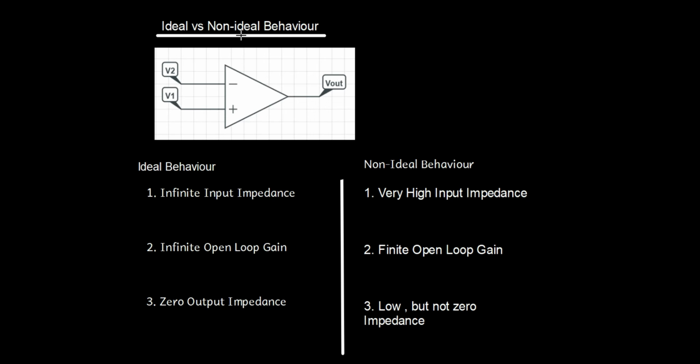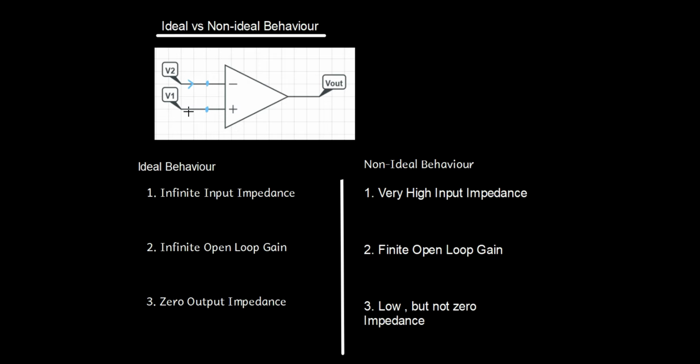Now we're going to discuss the ideal versus the non-ideal behavior of operational amplifiers. Under ideal behavior, our first point is that operational amplifiers have infinite input impedance. As you can see, these are the two input terminals, and the operational amplifier has an infinite input impedance.